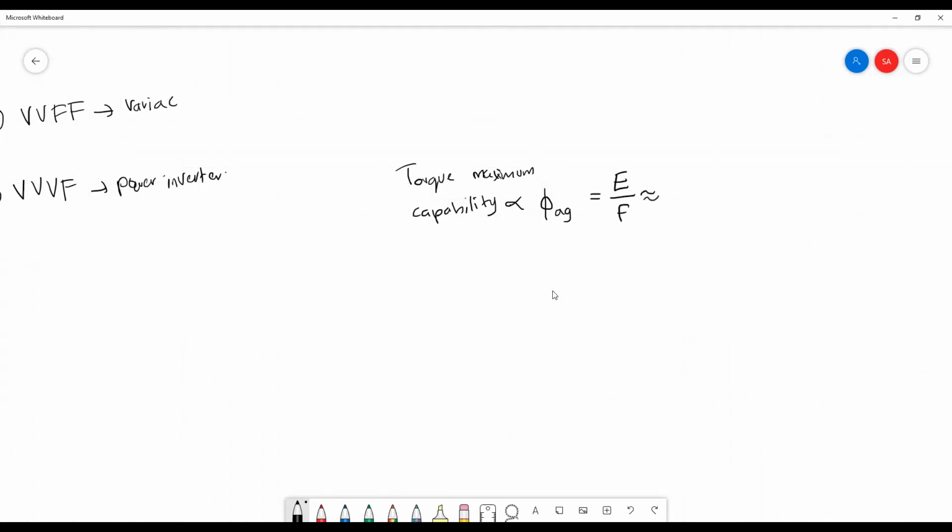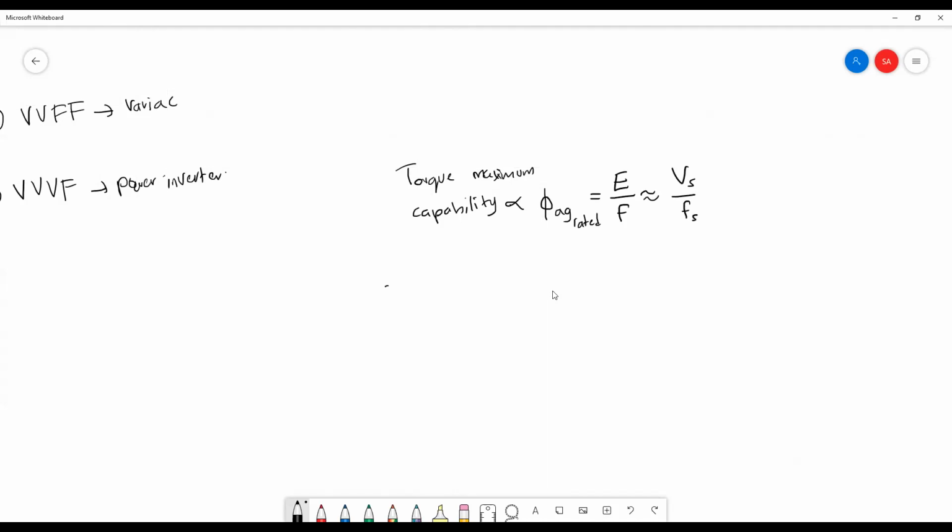So this one we can say is the voltage supply, and this one is the frequency supply. In order to maintain the value of this air gap flux, you need to maintain the ratio between the voltage and the frequency.